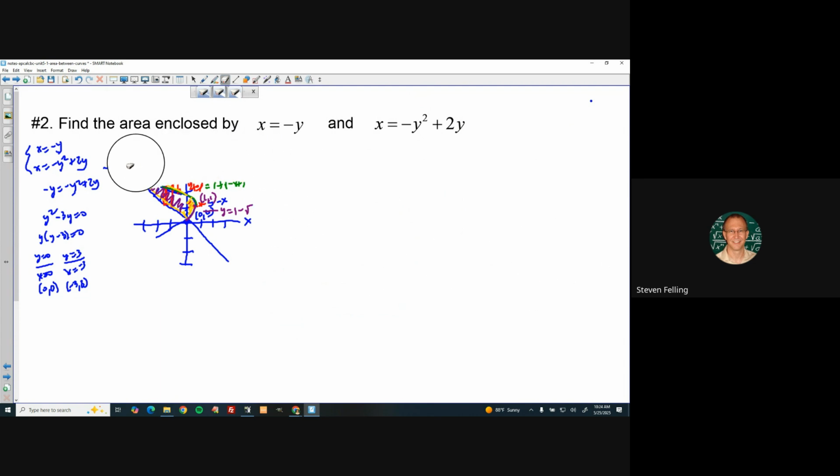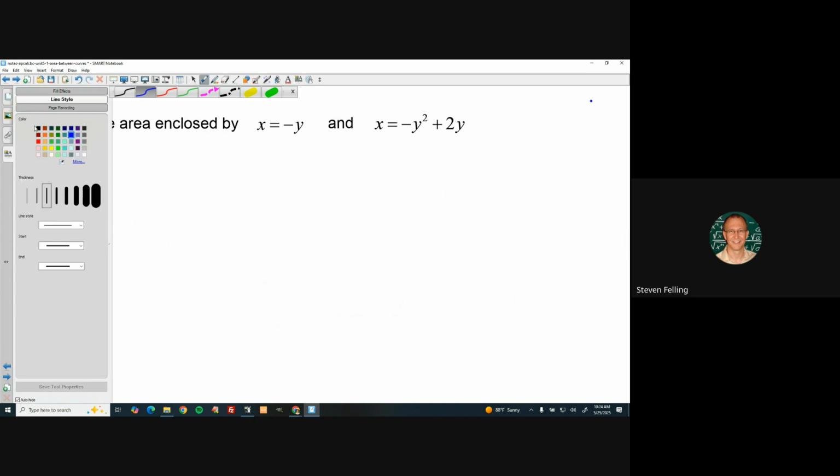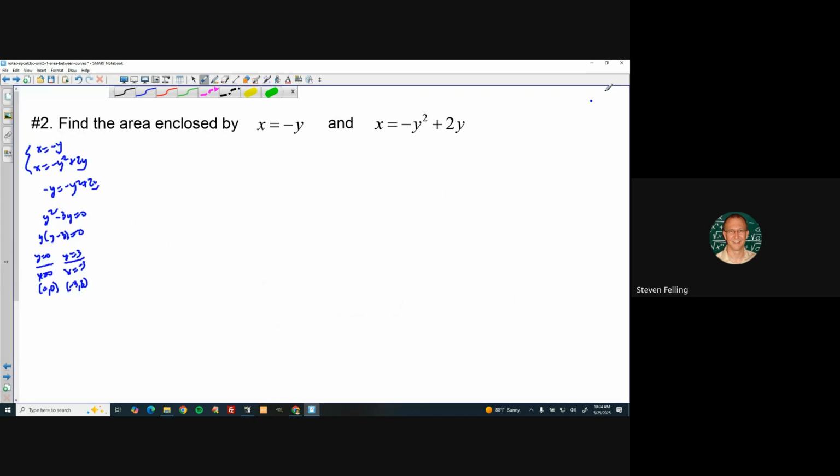So let me go back to here, and we'll sketch it again. But this time, we'll solve it with the rectangle in the other direction. Okay, we'll make the sketch. Here's the sketch. We said that this would intersect at 0, 0, and also at negative 3, positive 3.